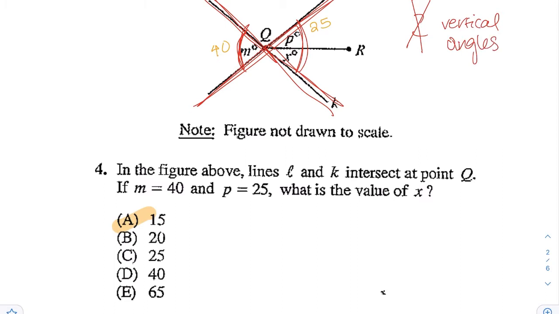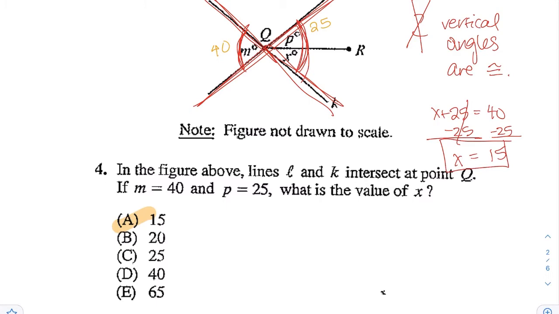So because vertical angles are congruent, they're equal to one another. So X plus 25 on the right side has to be equal to 40. And if you subtract 25 on both sides, you get that X is equal to 15. And that's choice A.